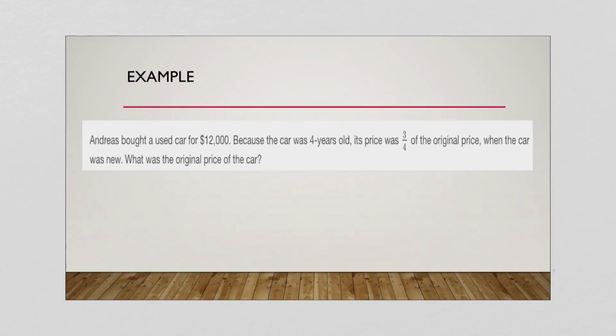All right, on this problem, Andreas bought a used car for $12,000. Because the car was 4 years old, its price was 3/4 of the original price when the car was new. What was the original price of the car? So on this one, I'm going to let X equal original price of car. So I know that 3/4 times the original price is $12,000.